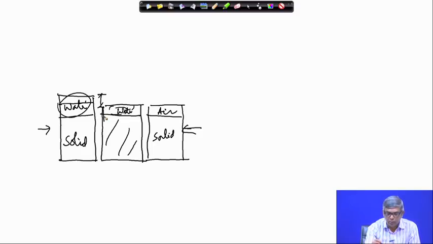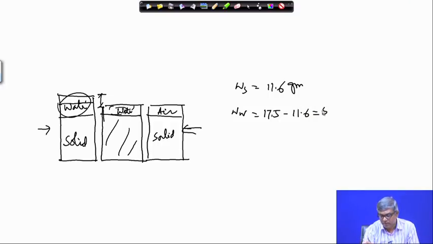You can see W_s, the dry weight, was given as 11.6 gram, and the weight of water, original weight minus final weight, is 17.5 minus 11.6, which gives you 5.9. Now, your definition of SL will be equal to this 5.9, the original, minus, and how to find out this volume? You can find the weight of water of this volume.